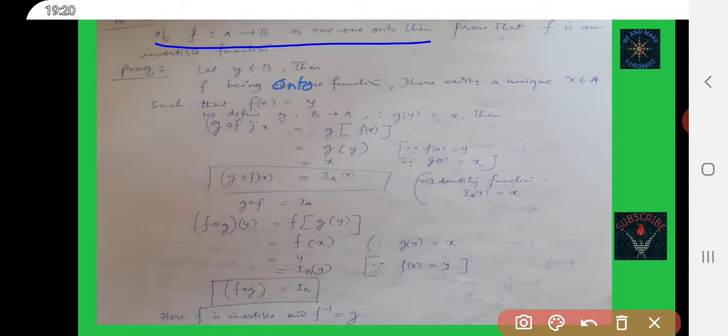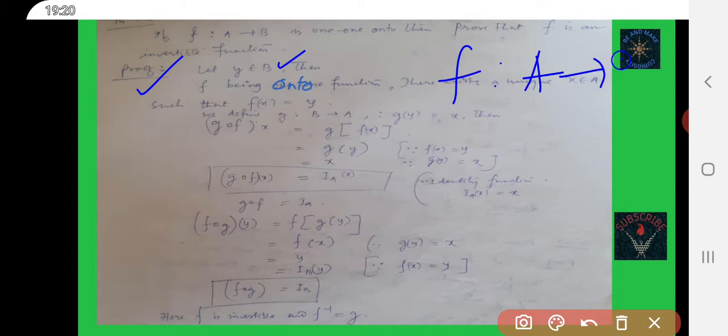Then we have to prove f is an invertible function. So let's prove. Let y belong to set B. f is mapping from A to B, which is one-one and onto.